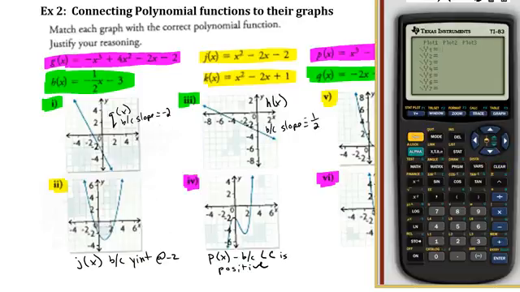So I'm going to say negative 1 divided by 2x minus 3. And let's see if this works out. Look at that. Okay, so that would be this one right here. If I want to zoom in here just a little bit, I would change the window settings.